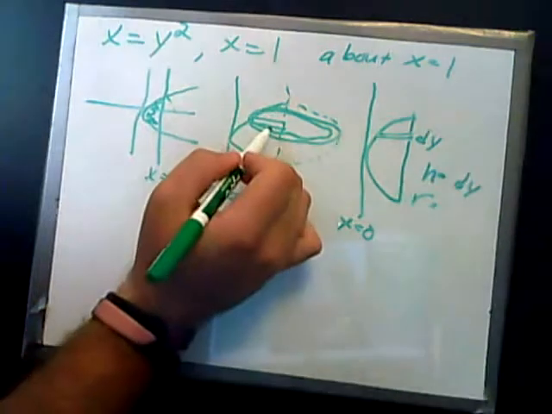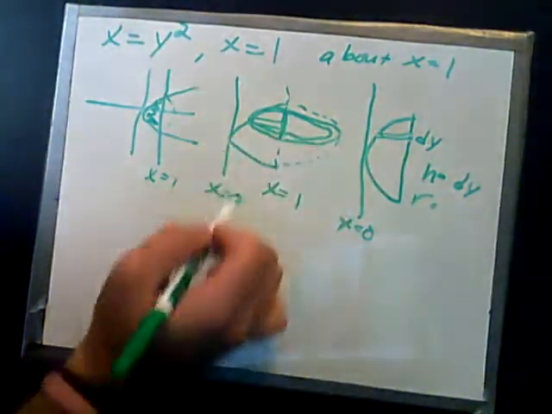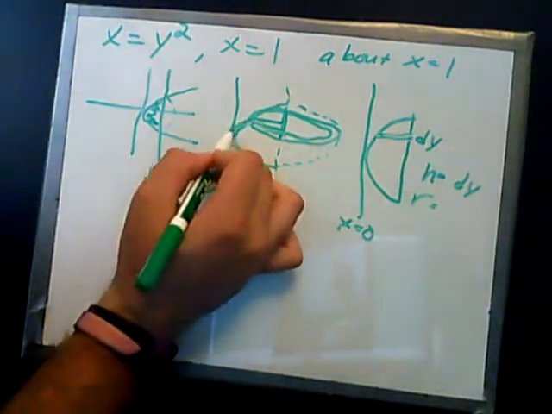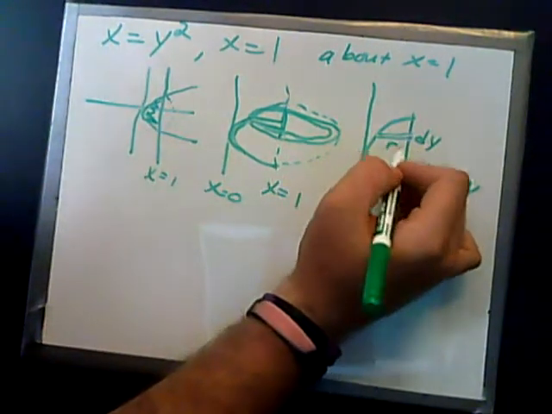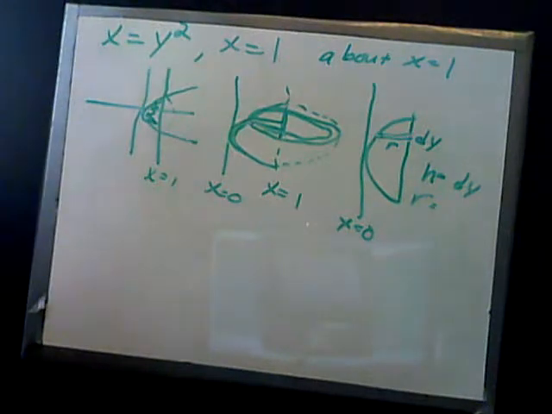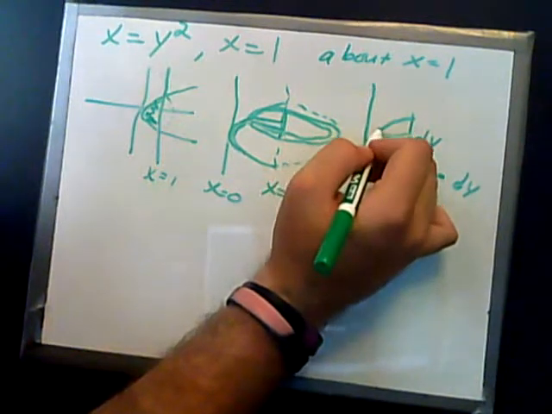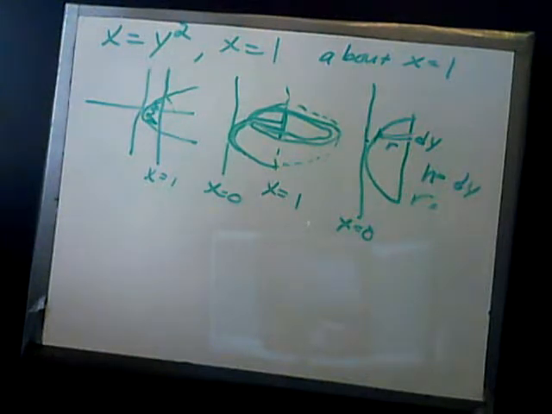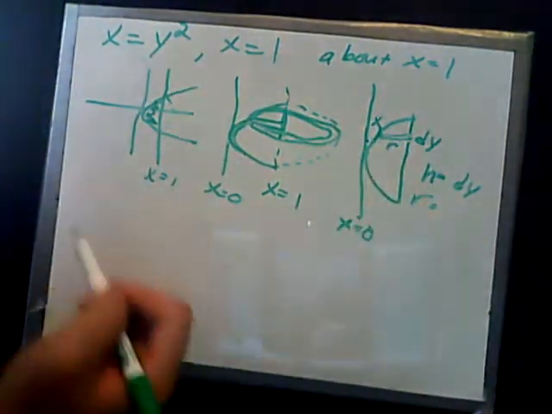Alright, so the radius of our disk, if we go back to the second picture, looks like it's from this line, x equals 1, out to the edge here, or out to the curve, x equals y squared. So now this is our radius right here, but we need to figure out what that radius is. If we look from the axis to this curve x equals y squared, that's just some distance that we're going to arbitrarily call x because it moves along in the horizontal direction.